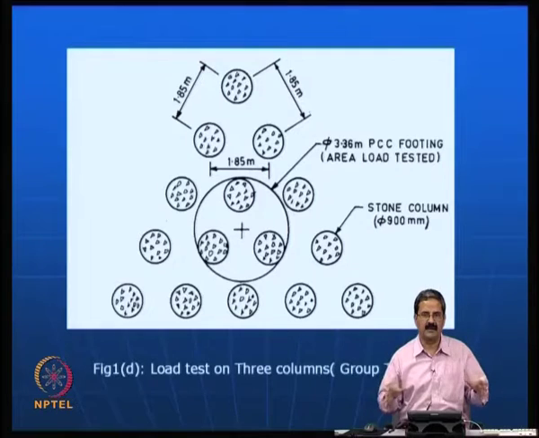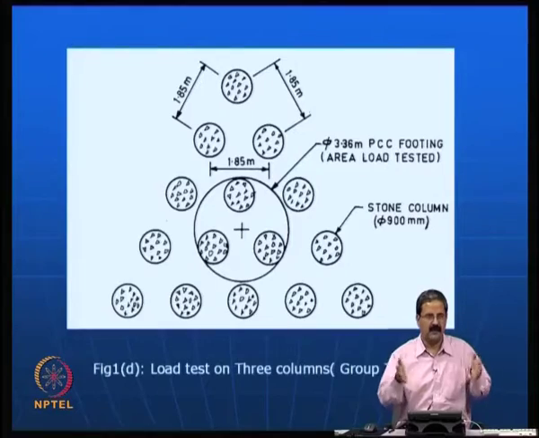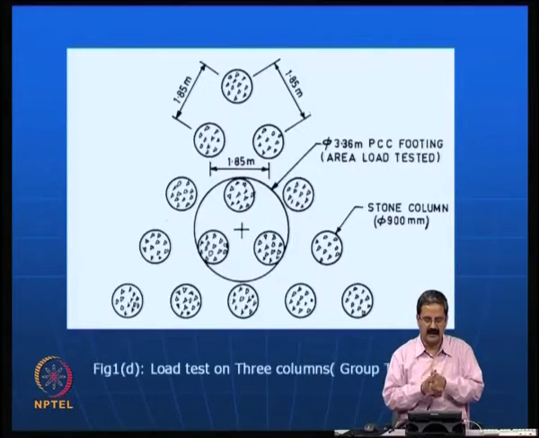The pressure bulb does not reach, like if the depth of the stone column is 10 meters, our plate is about 3.36 meters. Here one should be careful. So best is that apart from plate load tests, we should do cone penetration tests, because we are working in soils.